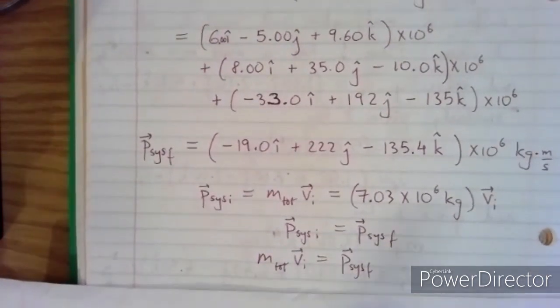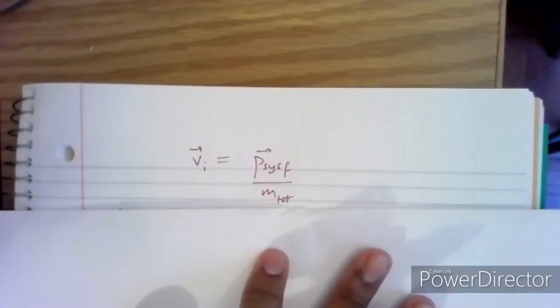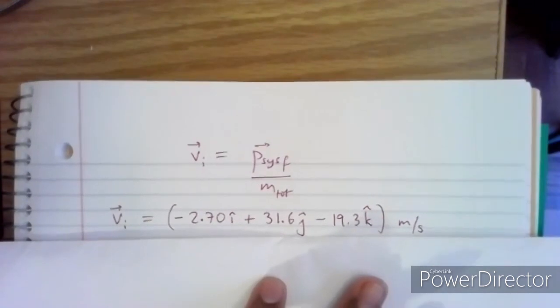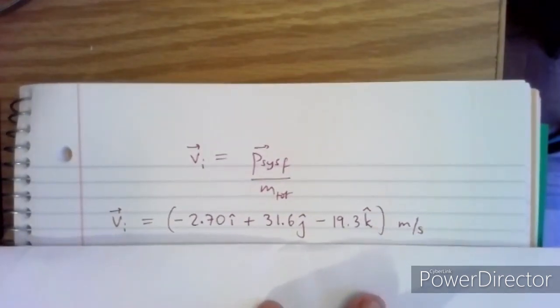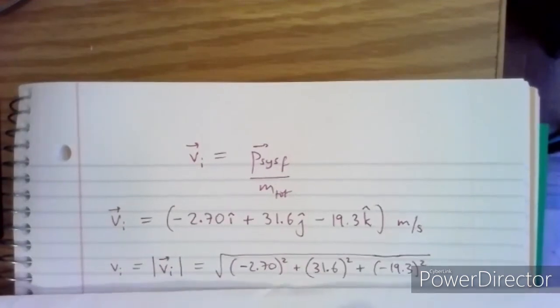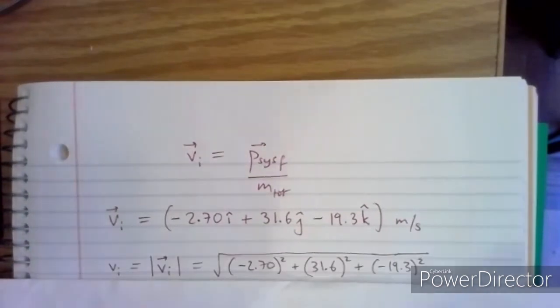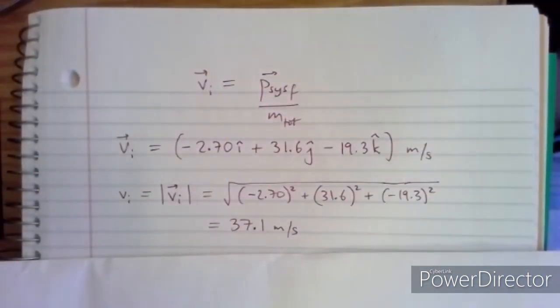We have m total v initial equals P system final. v initial equals P system final divided by m total. And we plug in the numbers and simplify to this result in meters per second. So this is the initial velocity. It's a vector. We're asked for the initial speed. So we take the magnitude. And that gives us the result of 37.1 meters per second.